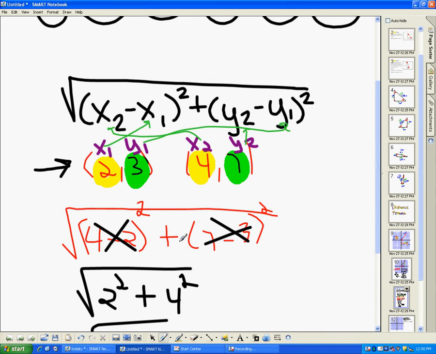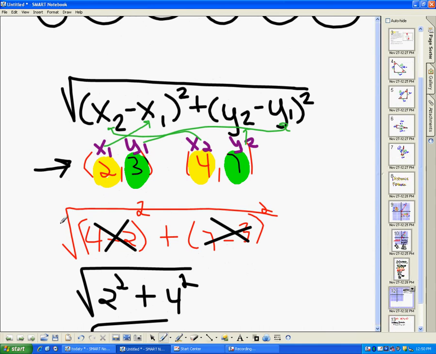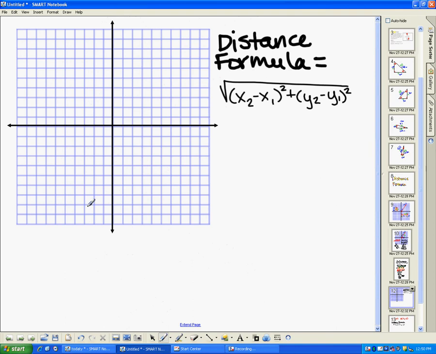Okay? So let me show you. Here it is. Let's say we have this point and this point right here. And I want to find the distance between these 2 points. Well, again, I can make it like a right triangle, and I can do all that kind of stuff. Or I can look at it and say, okay, well, this is at 2 comma 1, and this is at negative 3 comma 4.